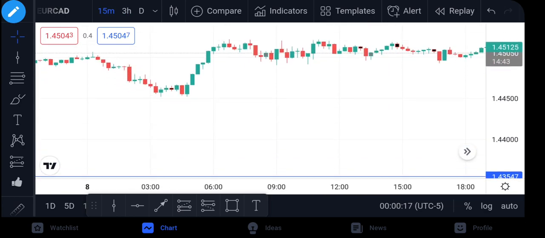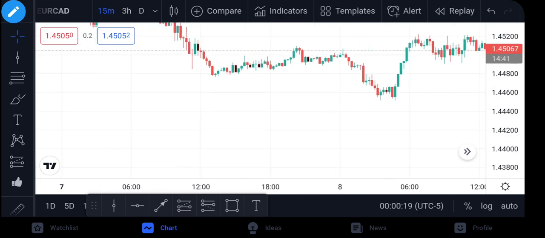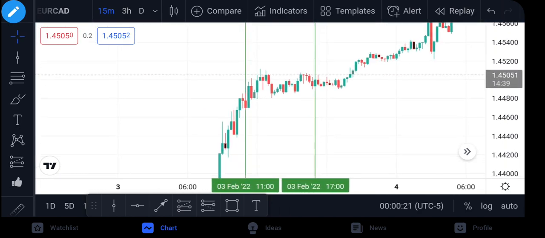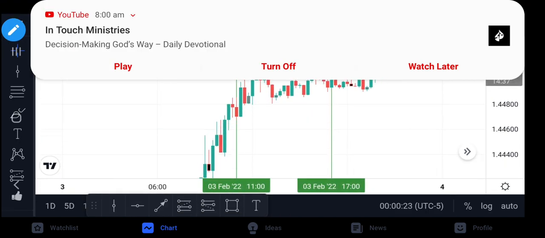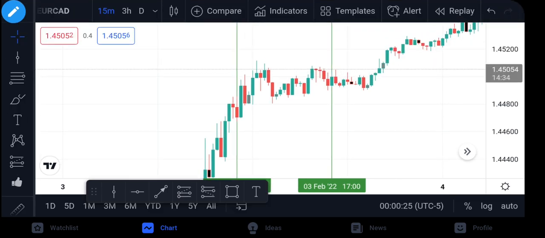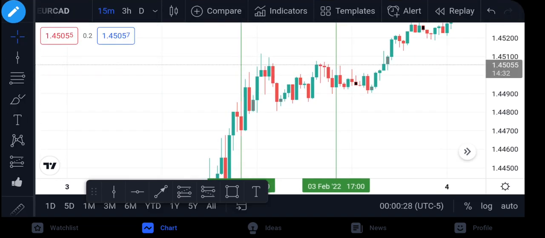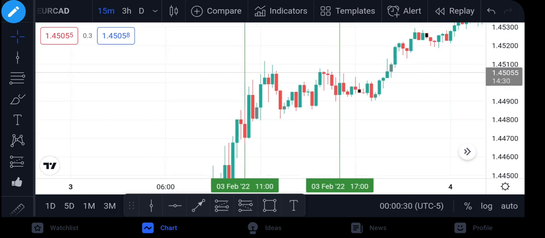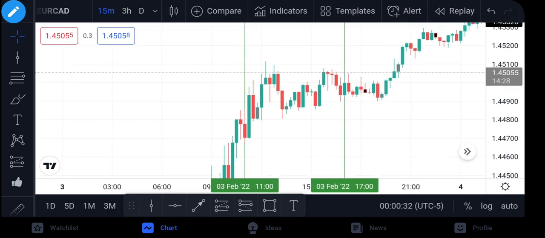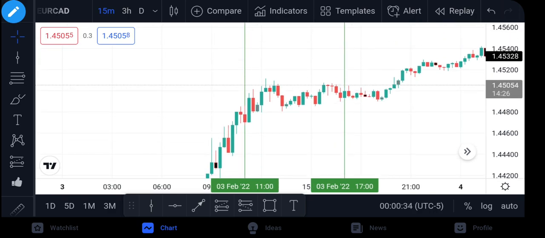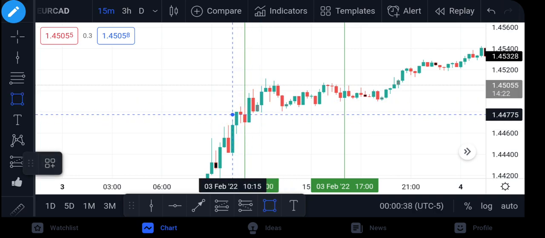When I scale down to the 15-minute time frame, this is the area. This is the area that we had marked out. And now in this area, what am I looking at?